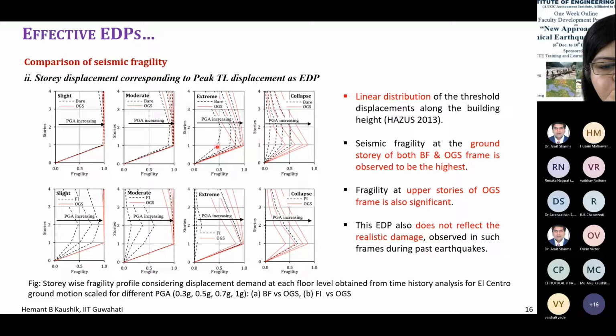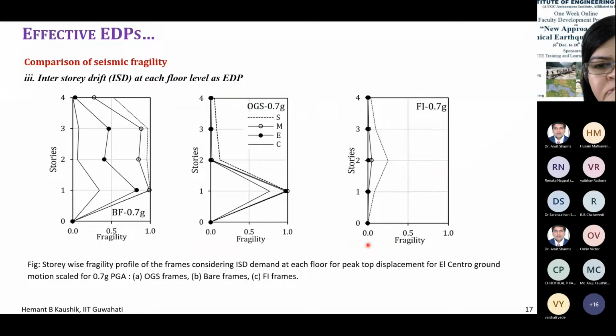For low PGA values, the OGS fragility is more. But in this case, for slight and moderate, the seismic fragilities are more or less matching. And the same is the condition here. So again, this EDP also does not reflect the realistic damage. We should not use this EDP as well.